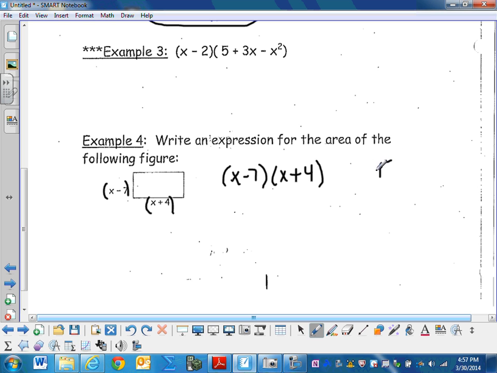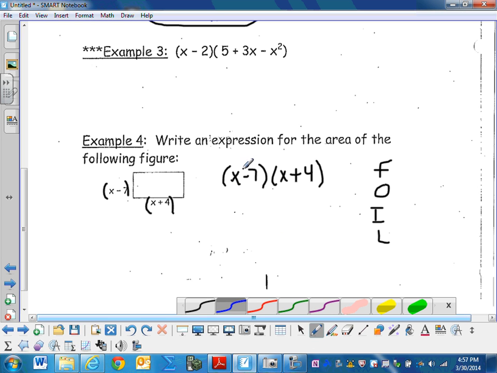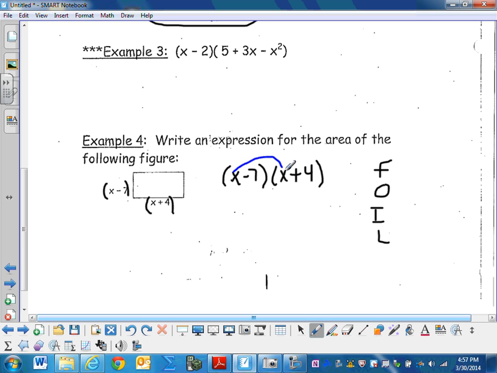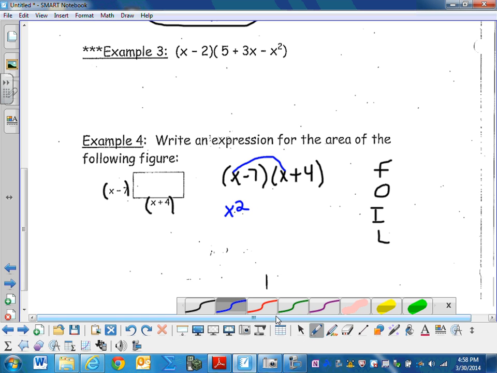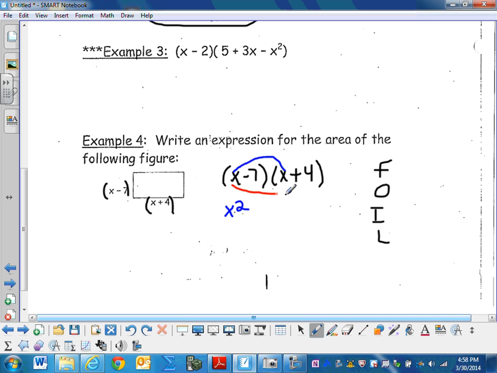And we'll go ahead and use our FOIL method. First, outer, inner, last, since we're multiplying two binomials. So our first terms here are x times x, which is x squared. Our outer terms, x times 4 is a plus 4x.